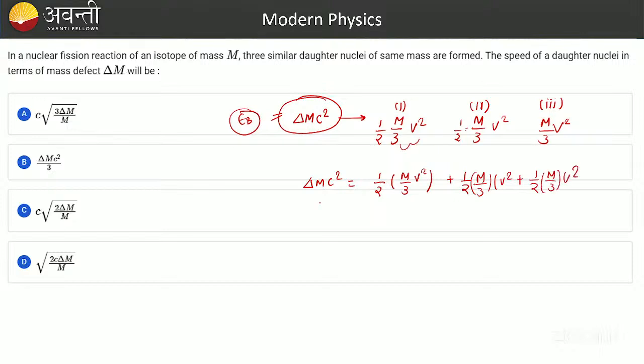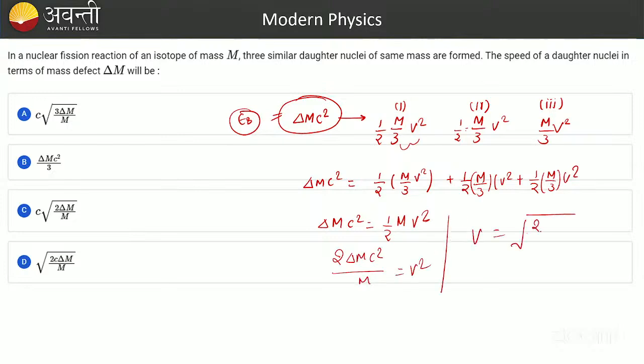Now if you just multiply them, delta M into c square will become 1 by 2 M v square. So 2 delta M c square upon capital M is v square. Now v will become square root of 2 delta M upon M into c.